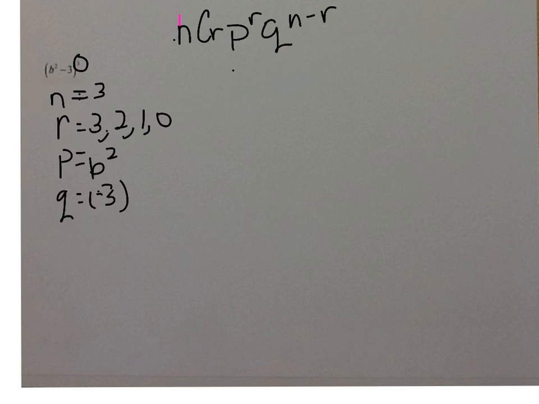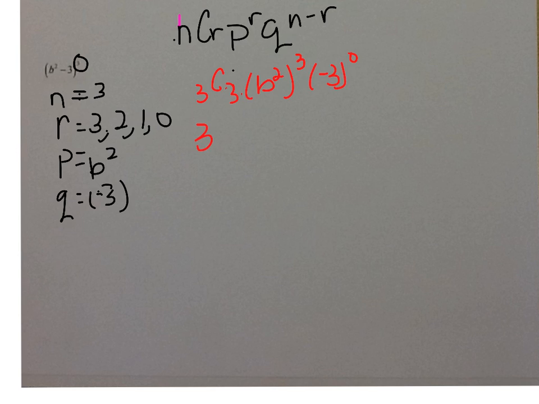All right, so let's start with 3C3. First term is b squared. You have to raise that to the R power, which is 3. And then it's negative 3 to the 0 power.